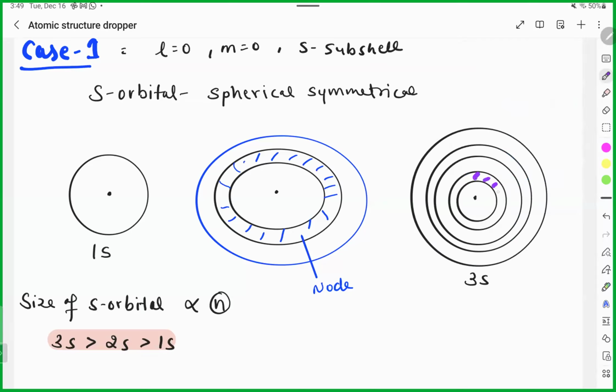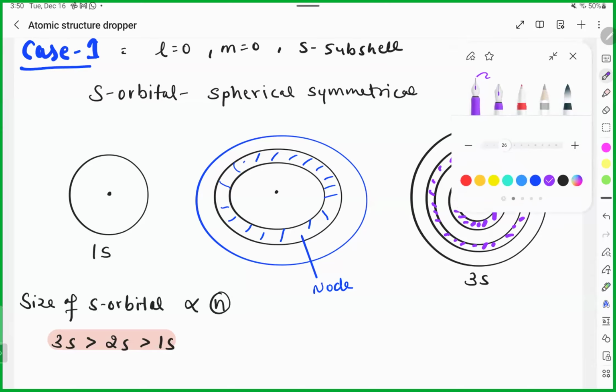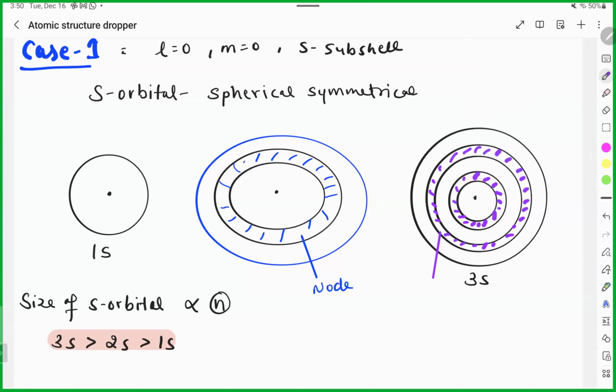So one node is here, and the second node is here. You can see there are two nodes in 3s. So what does it mean? The number of nodes is n minus 1, because the s value is fixed. Correct? So here you have two nodes, one is this, second is this. Any doubt?